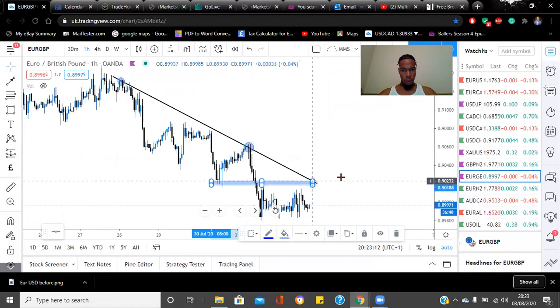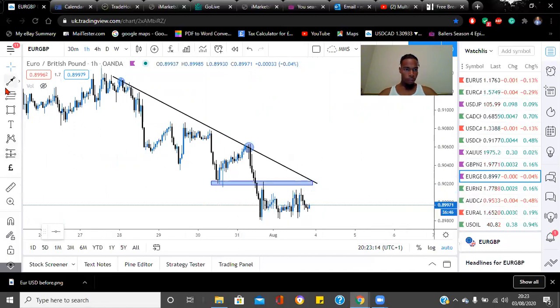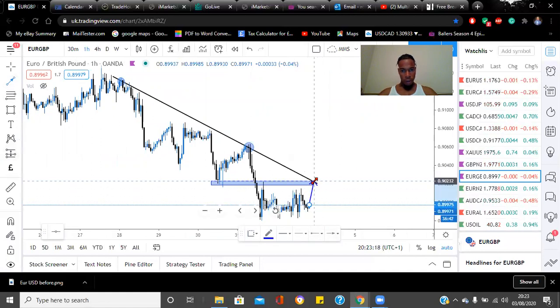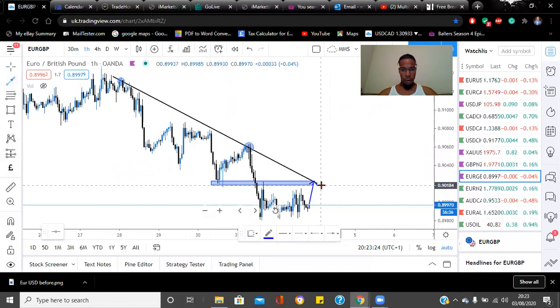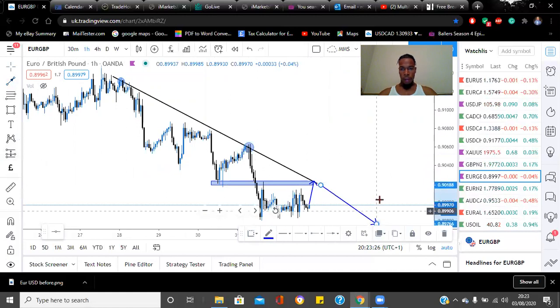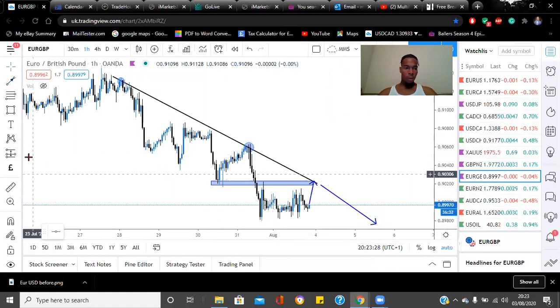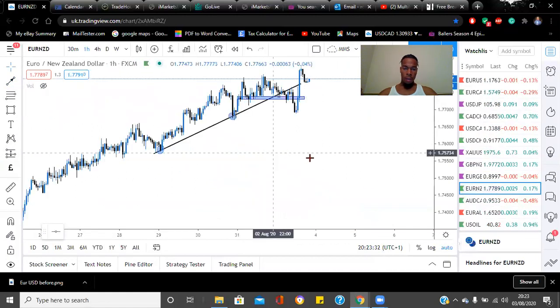We are looking for it to come back onto the trend line, the third touch, where that area of support and resistance is, and then we can get in for a sell somewhere along these lines. EURNZD, yeah, there was definitely some news.